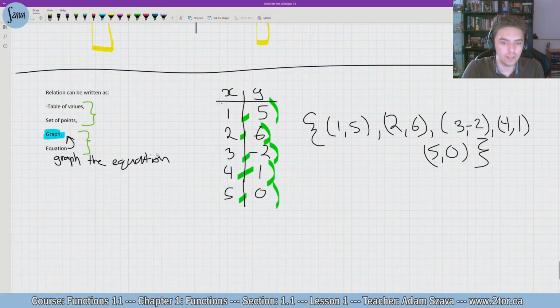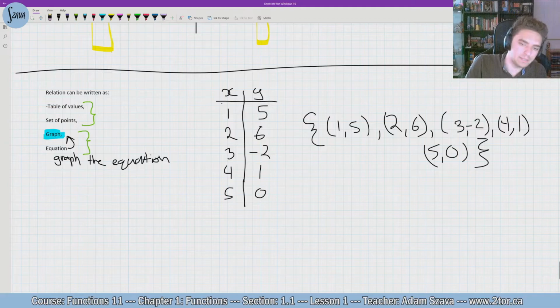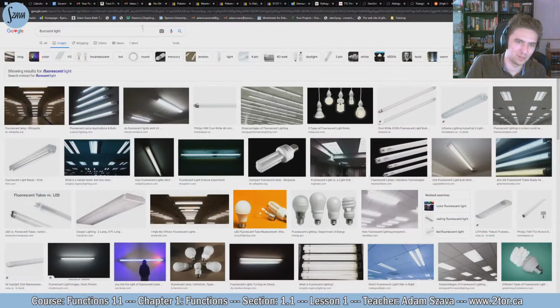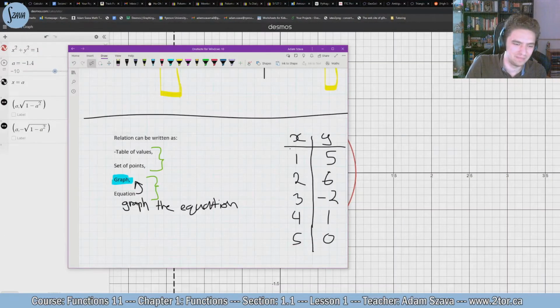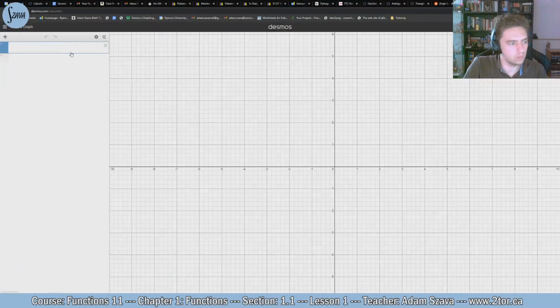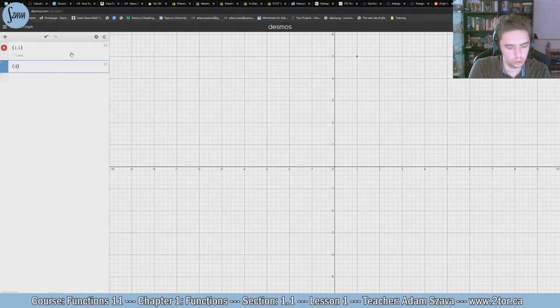Okay, but now how do you find the domain and range? Well, you may be tempted, and I'm going to do it just to humor you. I'm assuming people are making a mistake here, but maybe not. You may be tempted to graph these points, to see what it looks like: 1, 5, 2, 6, 3, -2, and 4, 1, and 5, 0, right?